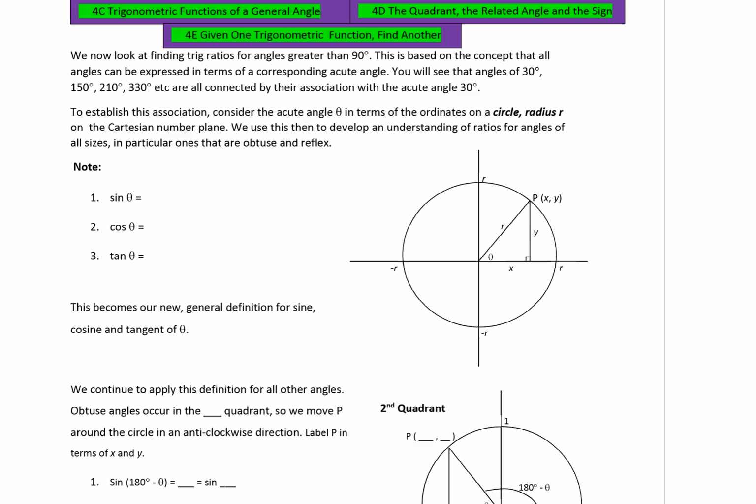So we know that sine, cos, and tan can be related to angles other than angles in right angle triangles. So looking at this circle, radius r, allows us to develop a more general understanding of the trig ratios and the angles of different sizes.